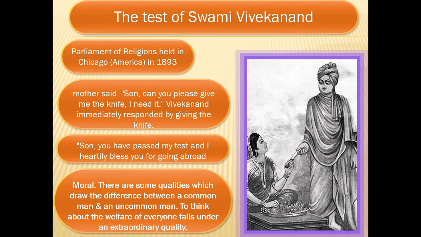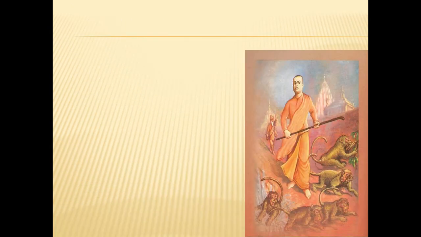This kind of thinking, having a personality, is an extraordinary quality. In a matter of a very small thing, you can become a great personality. Let's move on to our second story.